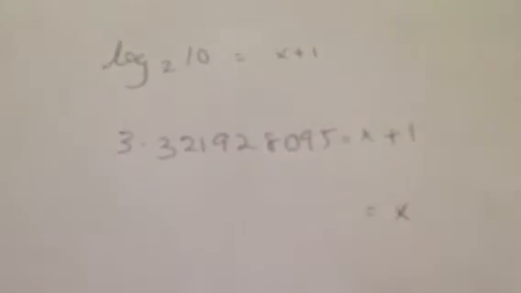I'd end up with 3.32, and I can write all that down. 3.321928095 is equal to x plus 1. I can bring the 1 over, it becomes a minus, and I'd end up with x is equal to 2.321928095, and I could check the question and see, do they want me to round it off, or should I leave it exactly as it is?